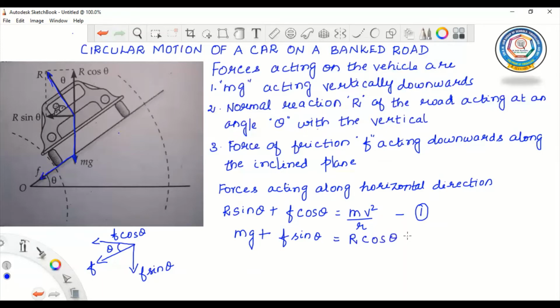And we know that F is equal to mu into R. Now, can we write this equation as R cos theta minus F sin theta is equal to mg? Take this as our equation number 2.